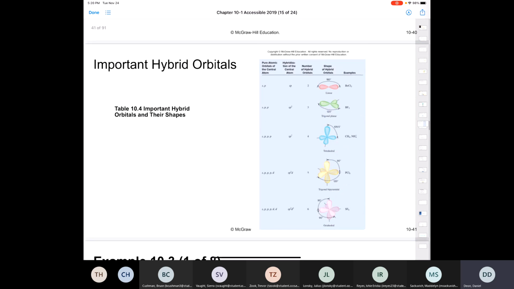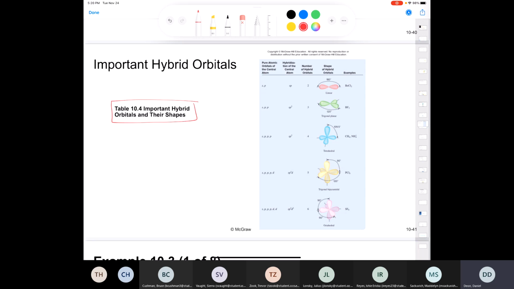Here's a great, quick table that you can use to help you determine hybridization. This is table 10.4 in your textbook.